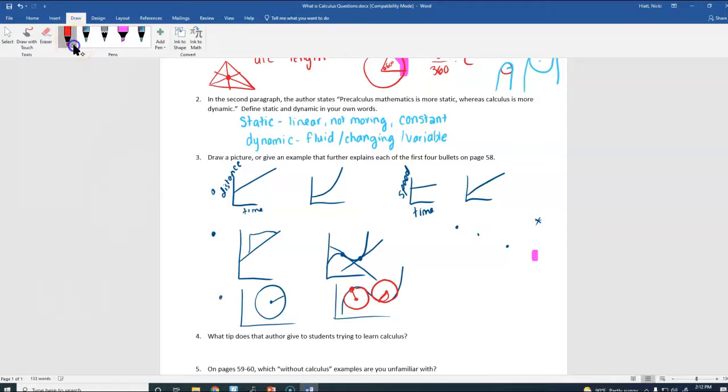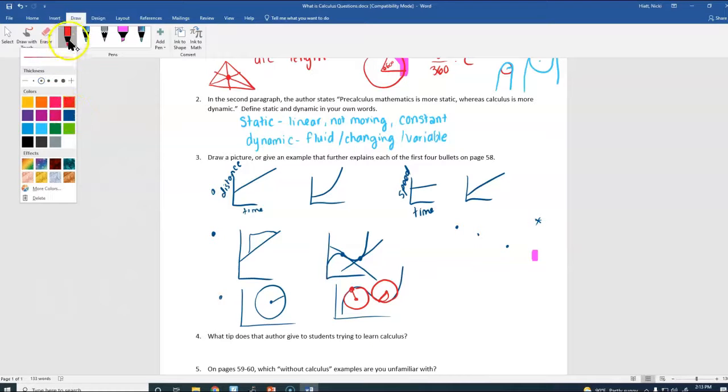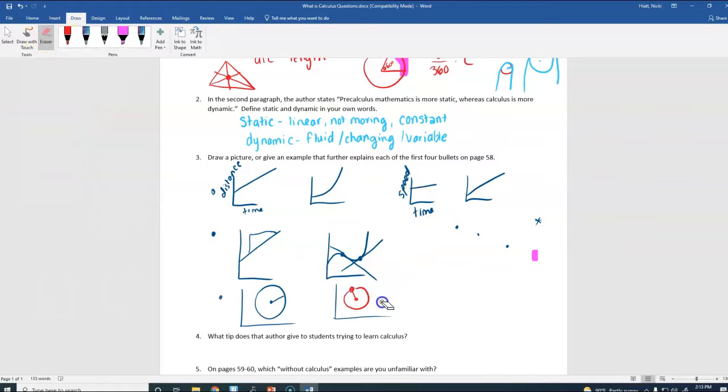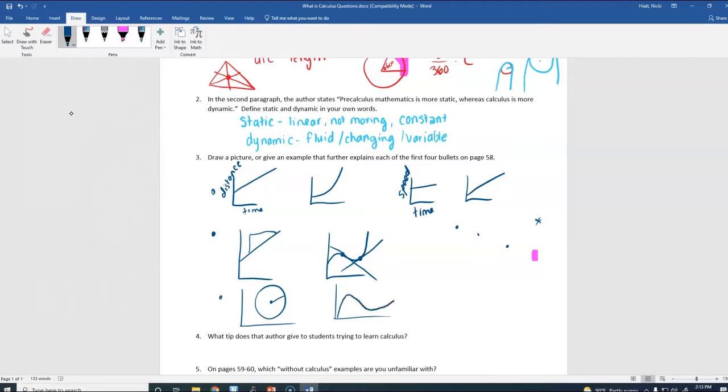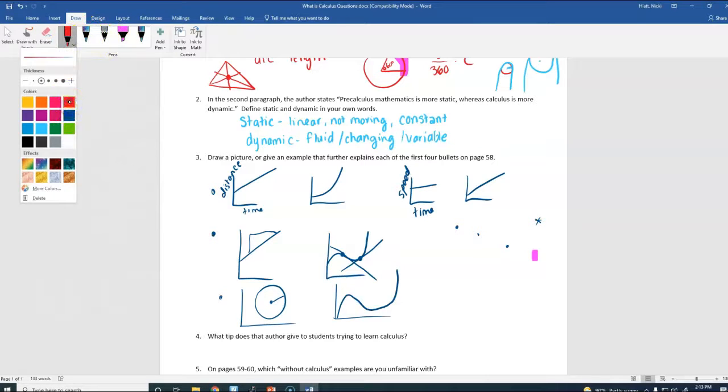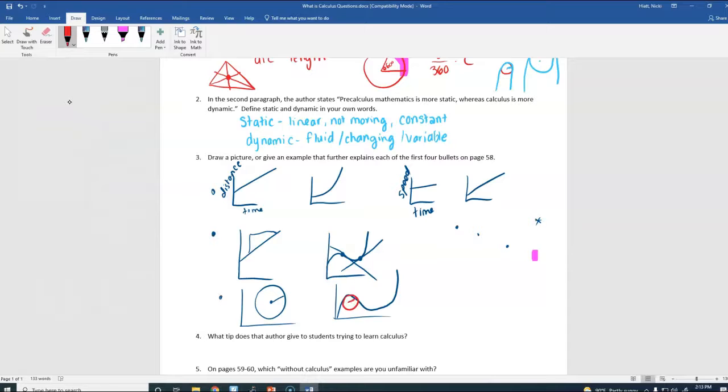I didn't pick the best points, so let me change that a little bit. There we go. Here on your curve you've got that radius, whereas here you have a much bigger radius.